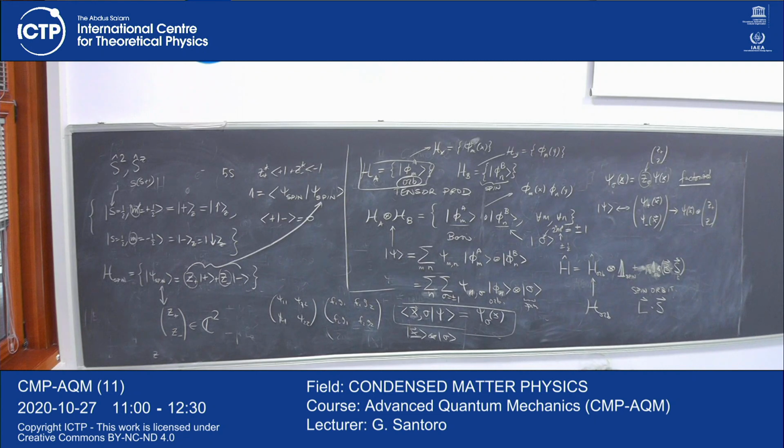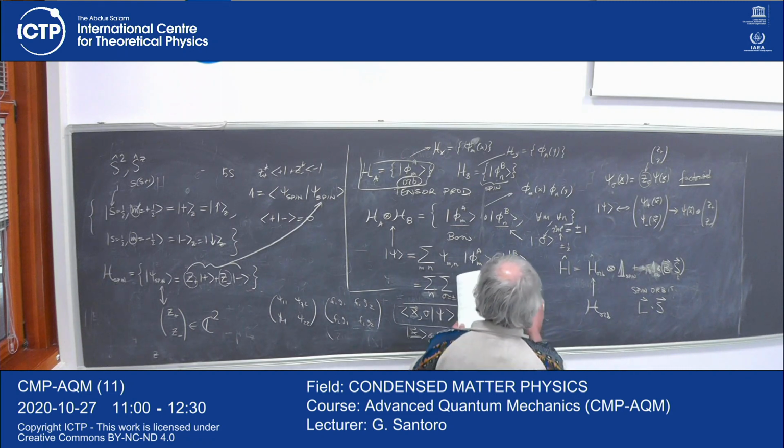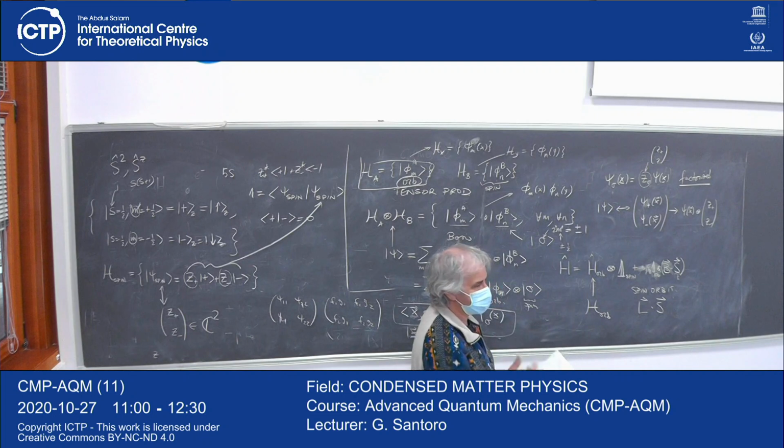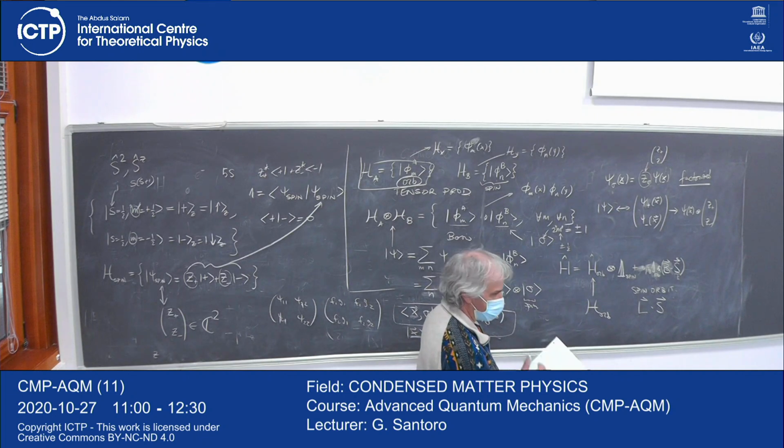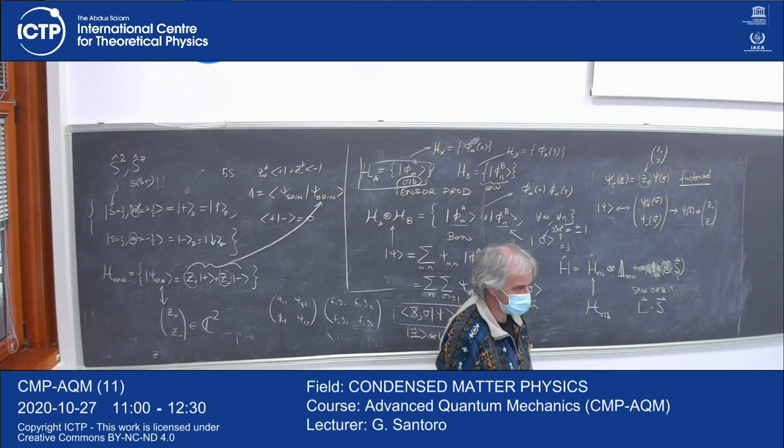I will show you how to do a little bit of practice with this. You can decide to use this ket notation or the matrix representation. Depending on the case, sometimes one is more direct, sometimes it's better to use the other. The important thing is that you have clear in mind what is the structure of the object.